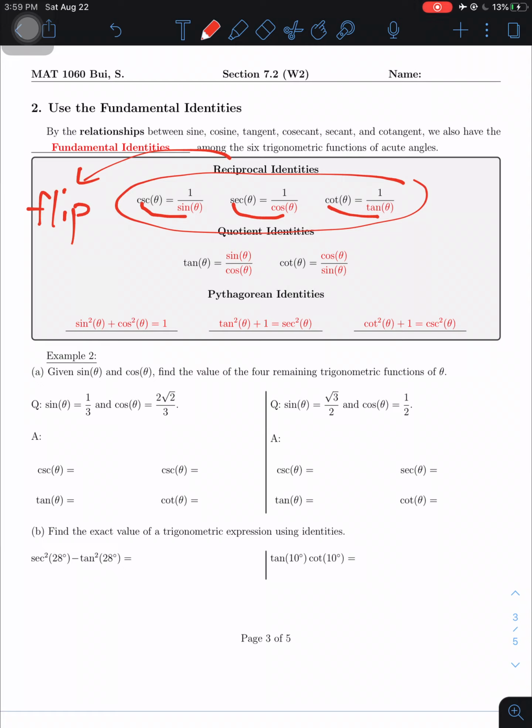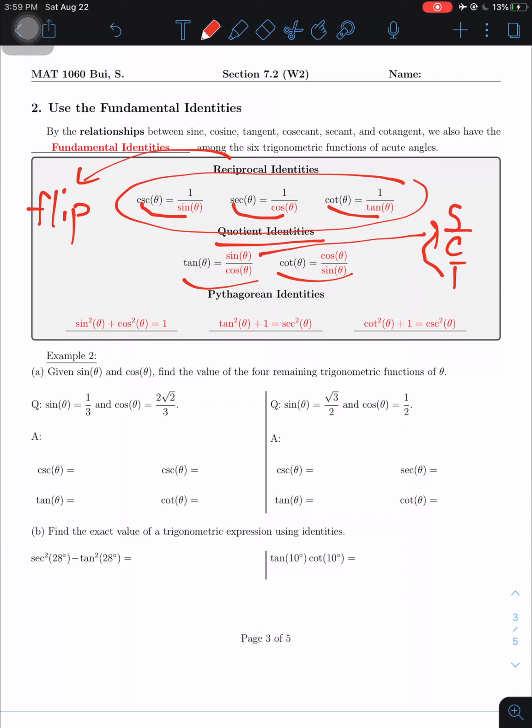Okay, quotient identity, the next one. My trick to remember the tangent and cotangent formulas for this one is that I introduce you guys to SOHCAHTOA. So remember the order. SOH comes first, and then CAH, and then TOA comes last, right? It means that tangent equals sine divided by cosine. That's my tip.